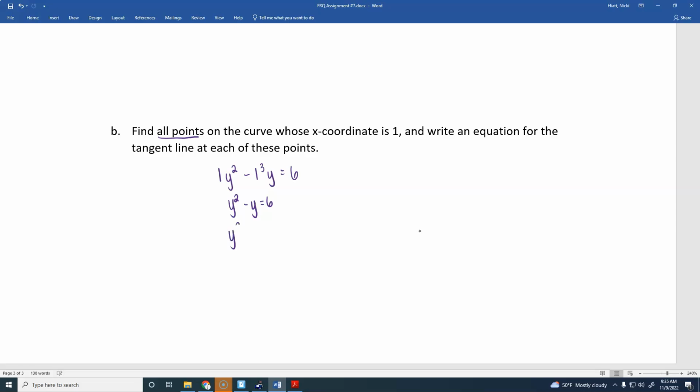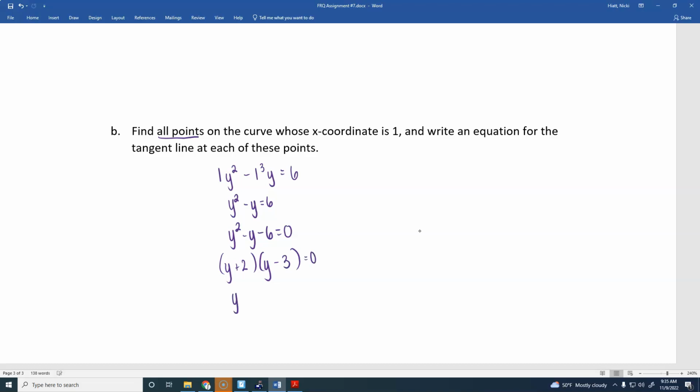How do I solve that? Subtract 6: y squared minus y minus 6 equals 0. And I'm going to factor. How does that factor? Plus 2, minus 3. Yeah, that'll work.